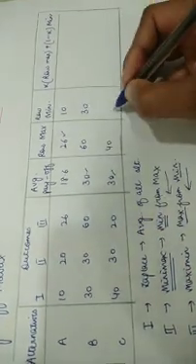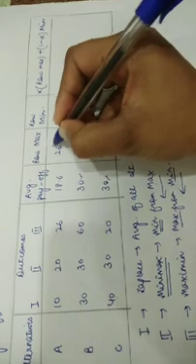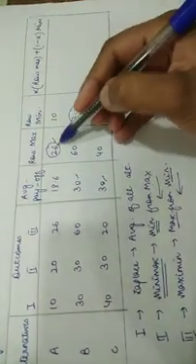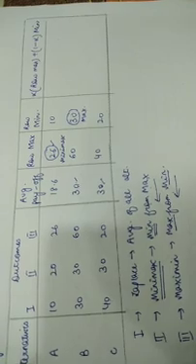From this side, from alternative C, minimum is 20. Maximum from minimum, we'll choose the maximum value. This would be chosen, and this one is the Minimax value. This is the Maximin value.